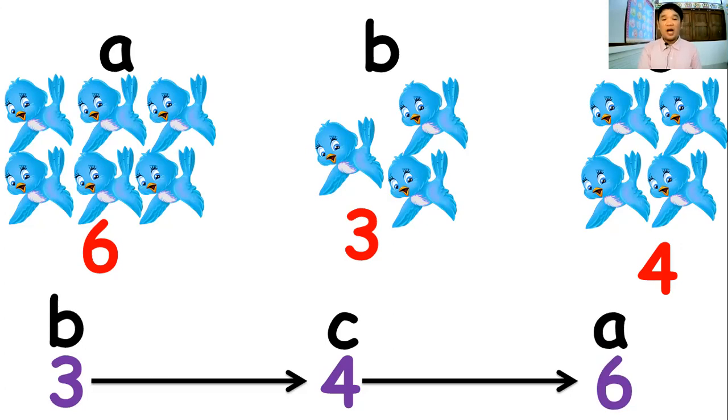So, how to order the numbers from smallest to greatest? The answer must be first letter B as the smallest, next letter C, which is 4, and then the greatest is letter A because letter A has the greatest number of birds.